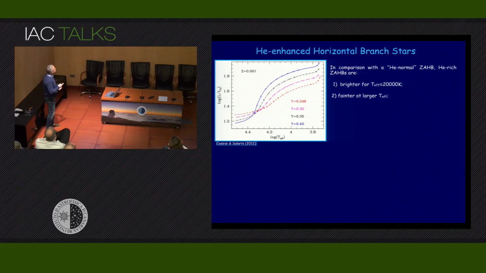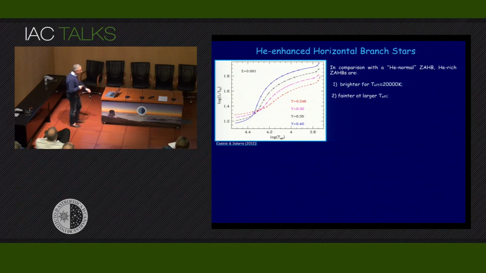From our stellar models, we know that the helium enhancement has a huge impact on the evolution of stars. These are zero-age horizontal branch models for the same metallicity but different assumptions about the initial helium abundance. And you can see how, increasing the helium abundance, in the cooler portion of the zero-age horizontal branch the brightness increases, whereas in the hotter portion it decreases.